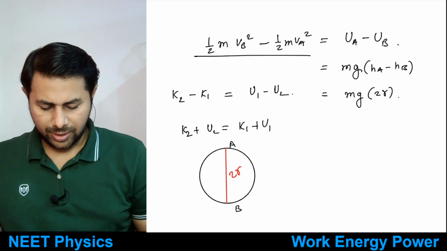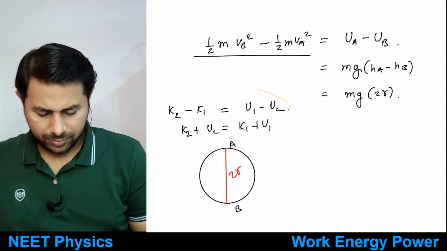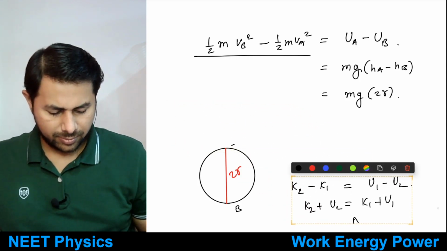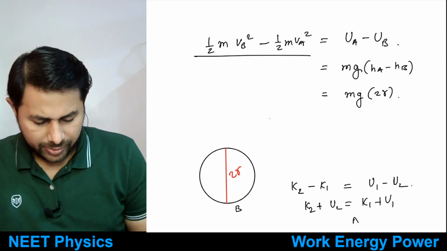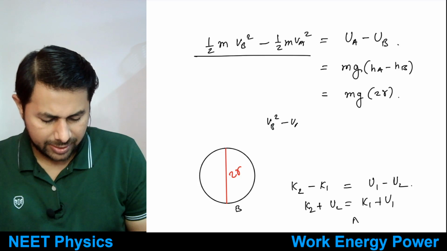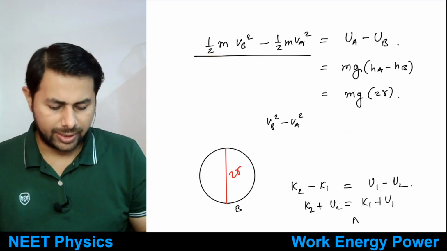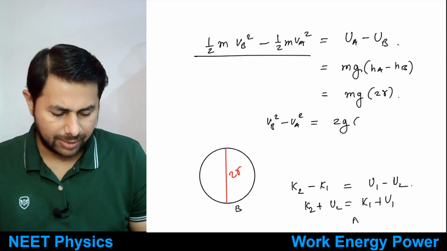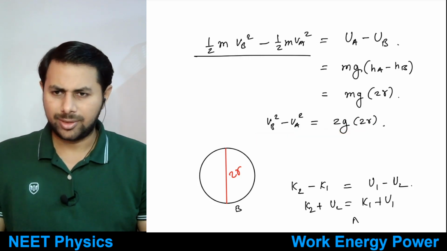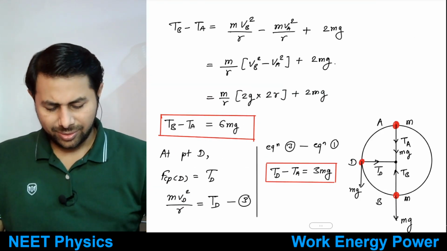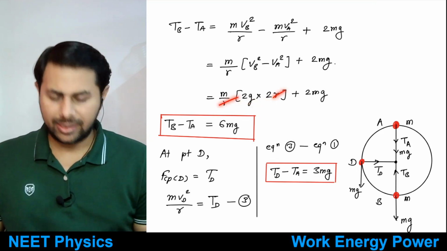So if I want Vb square minus Va square, that is equal to 2g times 2r, and then r and r get cancelled.